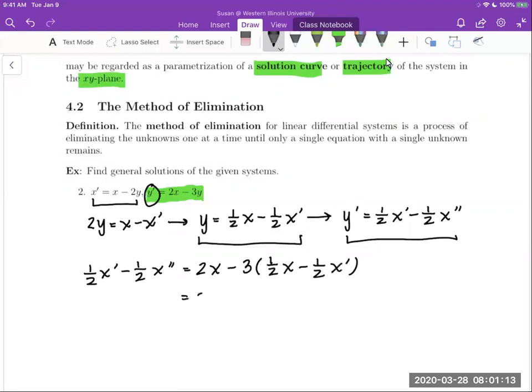And so that's 2x minus 3/2 x plus 3/2 x prime. And then finally, if I combine, I get a 1/2 x plus 3/2 x prime.